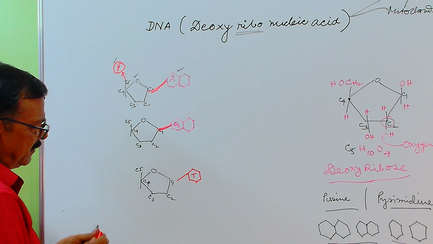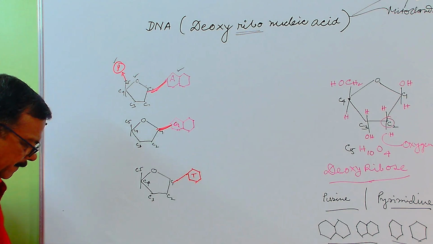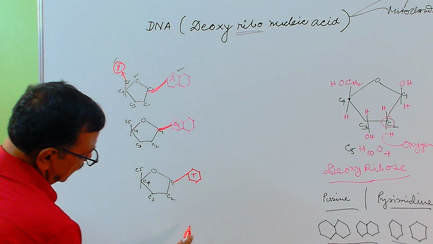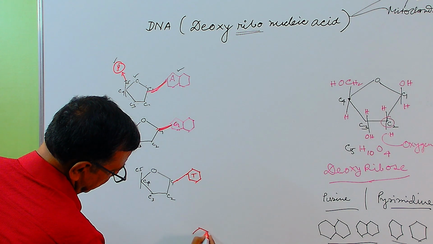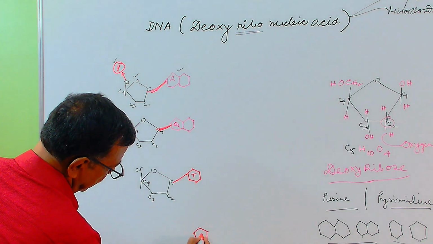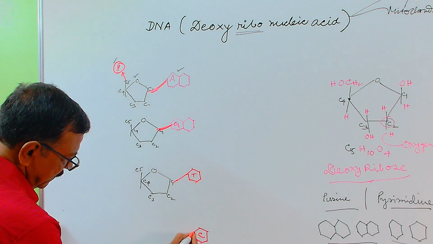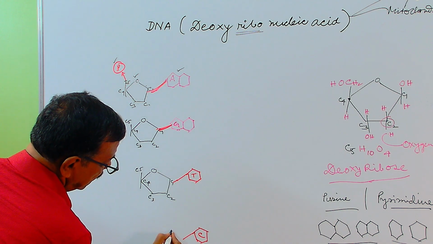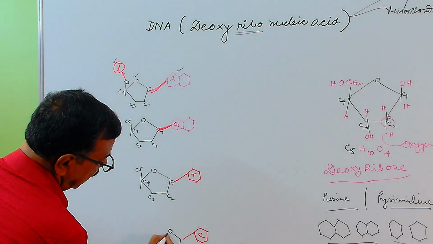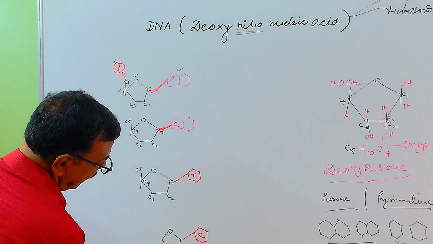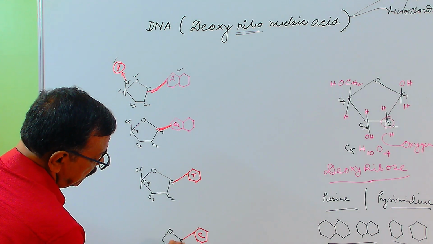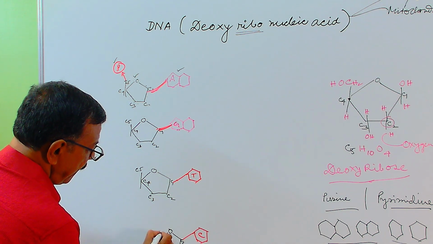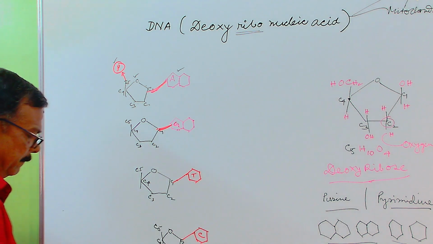And last, cytosine joins here, C1, C2, C5.